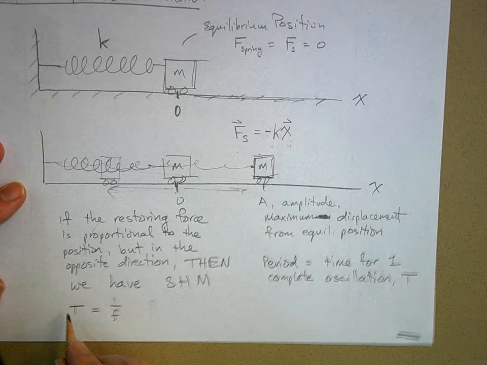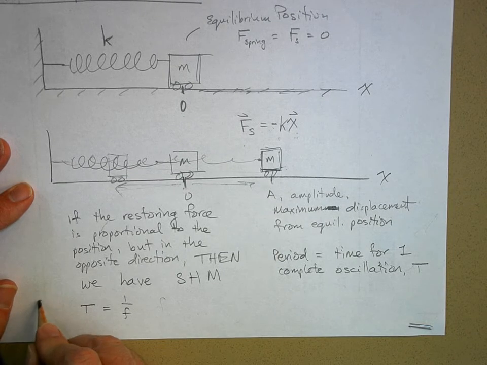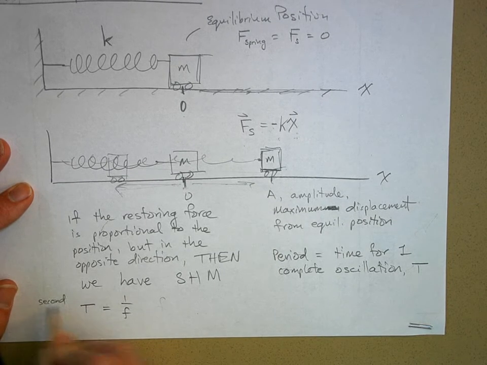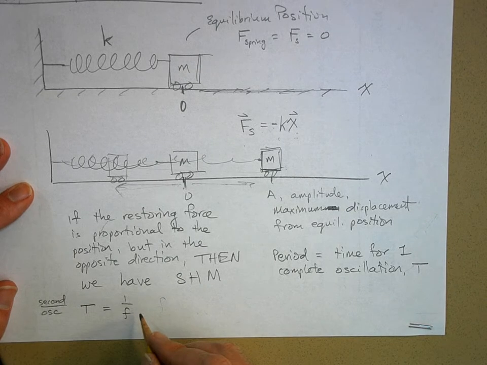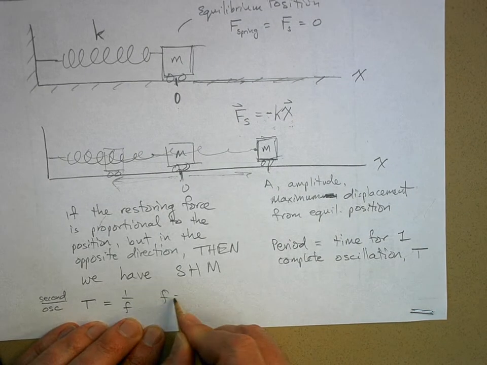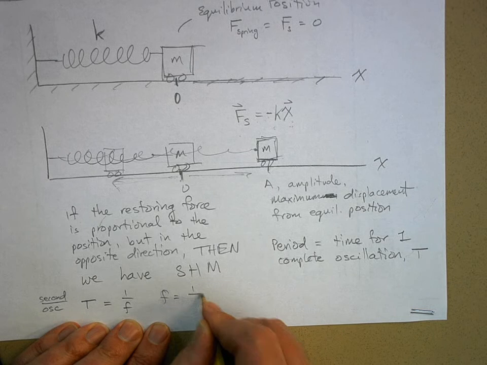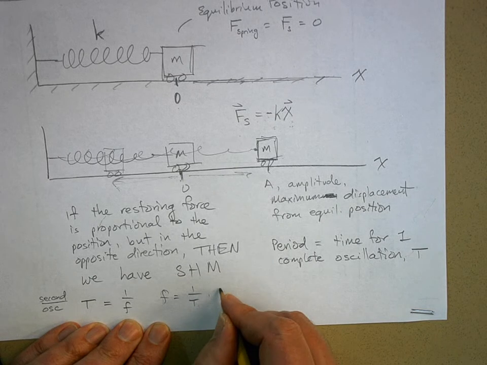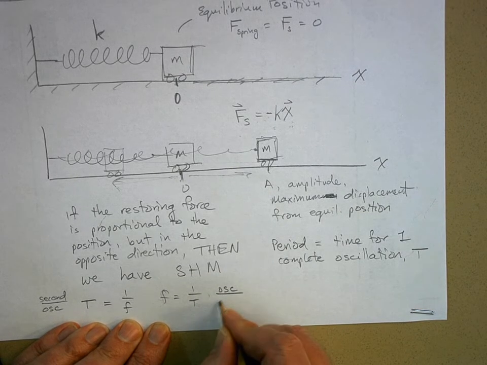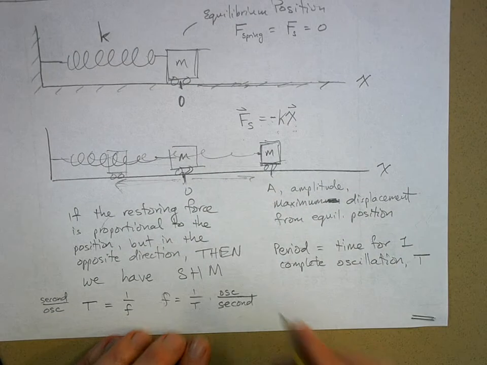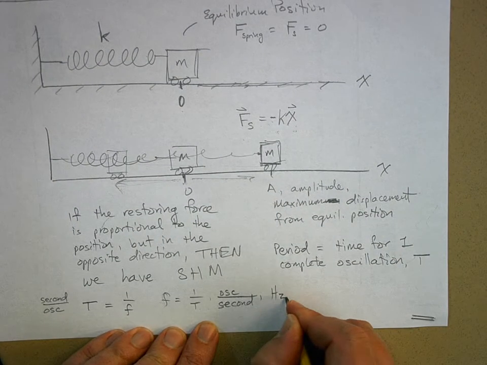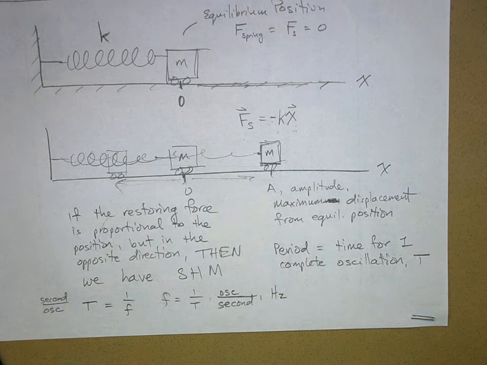Period, the units are seconds per oscillation, but frequency, so frequency equals 1 over the period, and that's going to be oscillations per second. But oscillations per second is called a hertz. Sorry, I'm going so fast, but we don't have much time left.